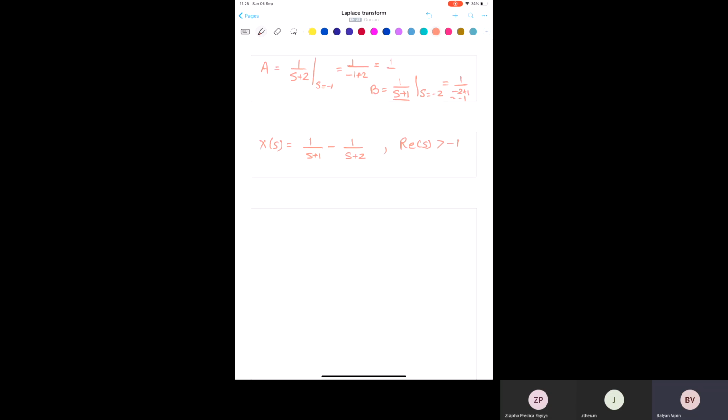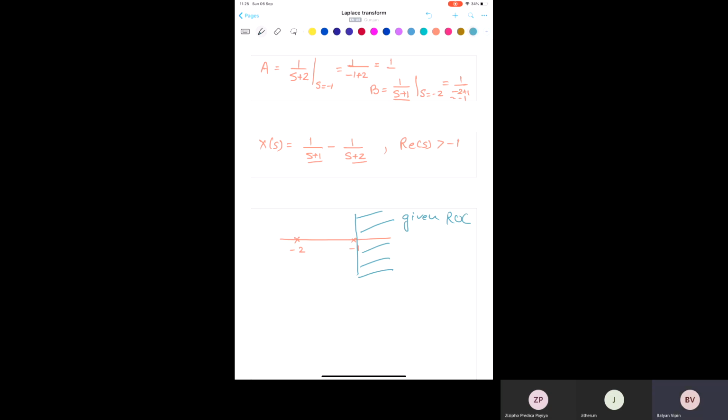Which poles do you have here? This and this. The poles you have are minus 2 and minus 1. What is the region of convergence given to you? This is the given region of convergence, real part of s greater than minus 1.